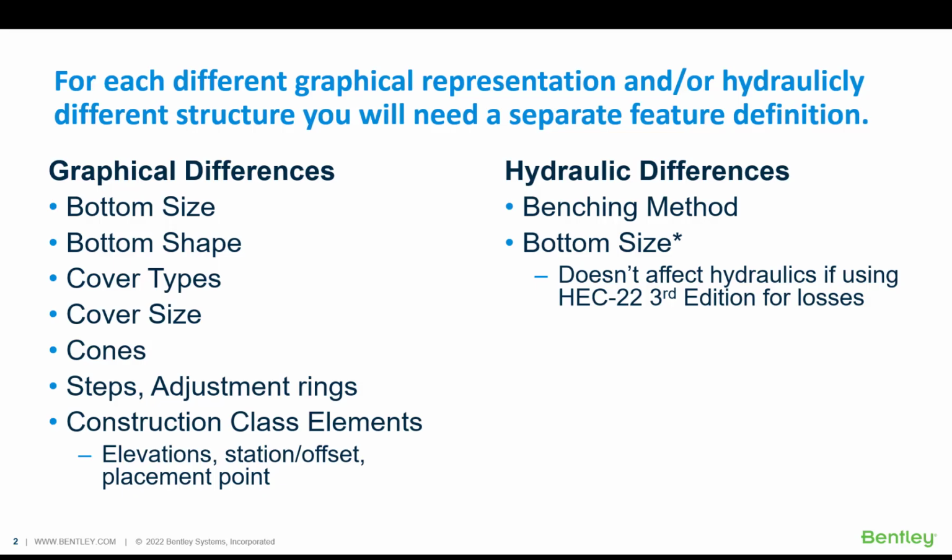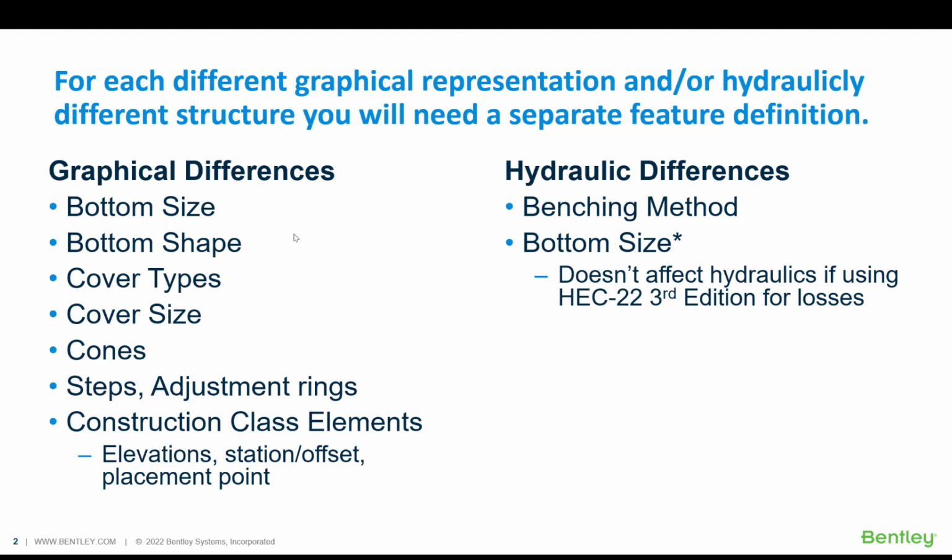So this is going to be similar to what I was talking about with the inlets, but we don't have to consider as much hydraulically when we think of manholes. So the graphical differences are pretty similar to inlets. We have the bottom size and shape and cover types, the cover size.